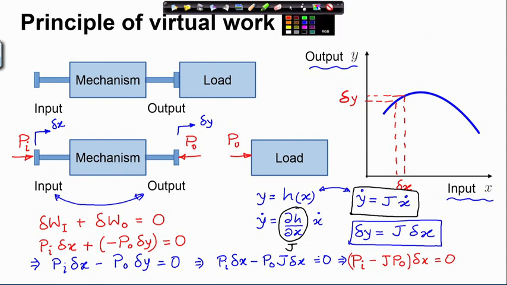And this should be satisfied for all virtual displacements at the input delta x. This immediately implies that P I is equal to J times P O, and this is our force relation. Thus we have related the input output forces for the mechanism.